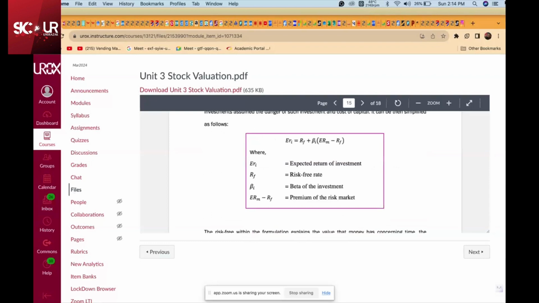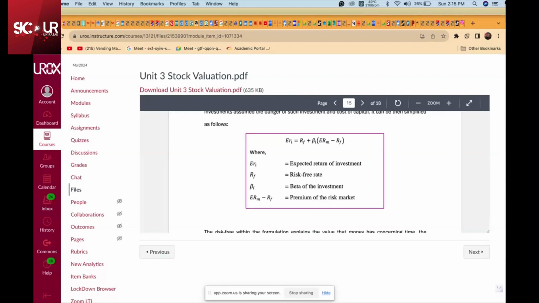The expected return of investment is equal to the risk-free rate, RF, plus the beta value of the share, multiplied by the premium of the risk market.